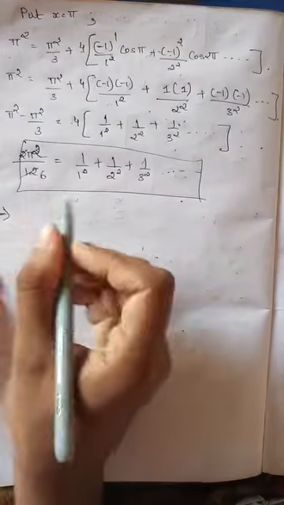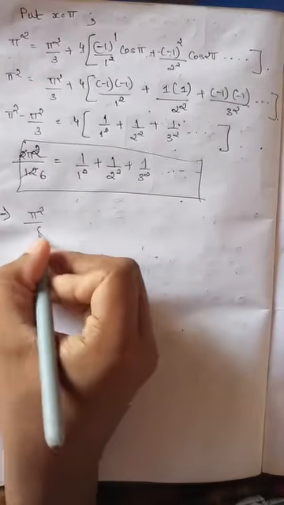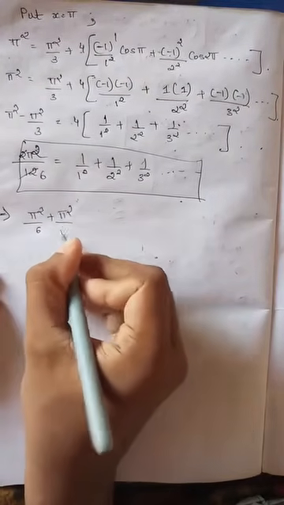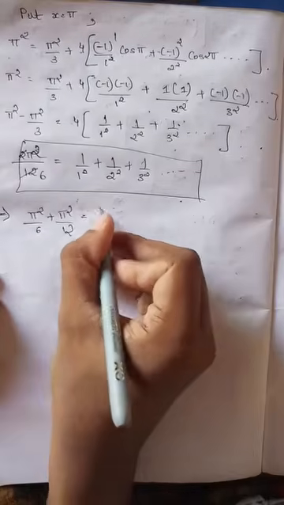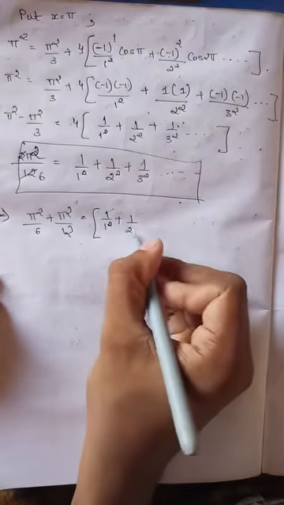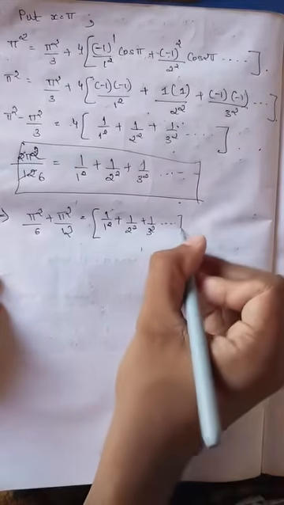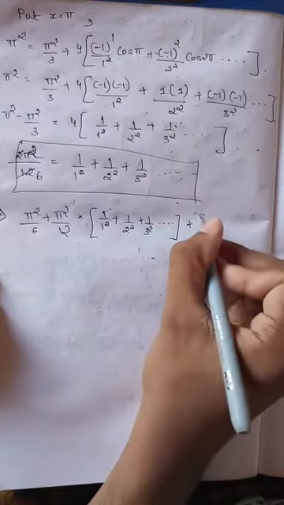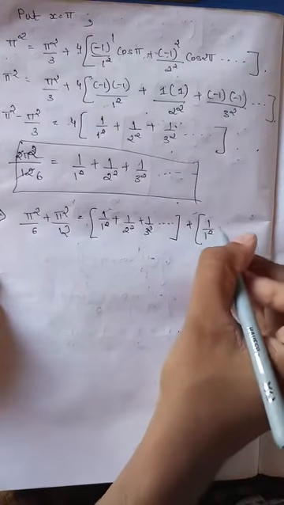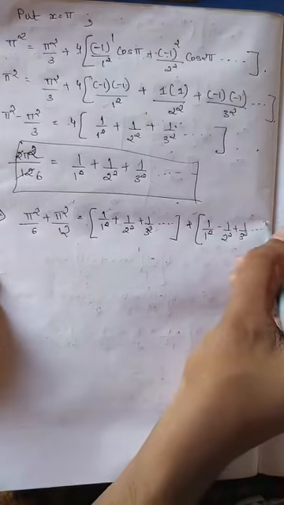On the left hand side it is pi square by 6 plus pi square by 12 is equal to 1 by 1 square plus 1 by 2 square plus 1 by 3 square up to infinity plus 1 by 1 square minus 1 by 2 square plus 1 by 3 square up to infinity.